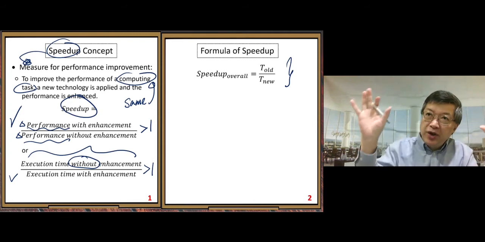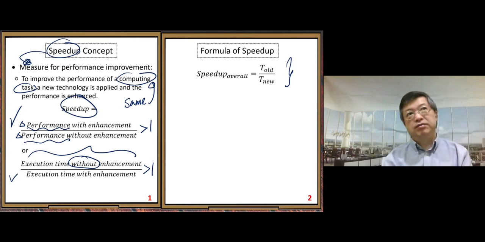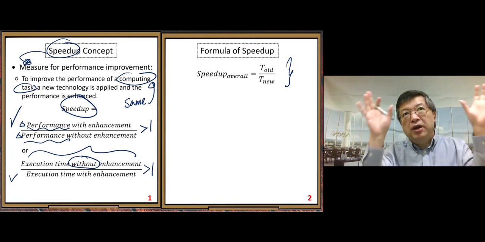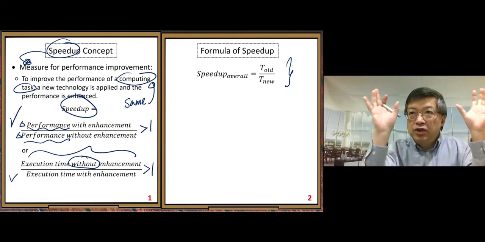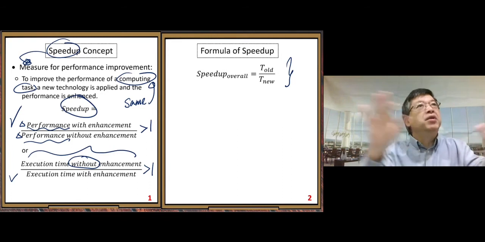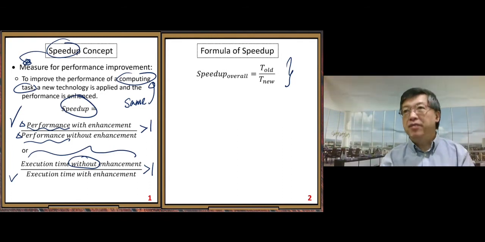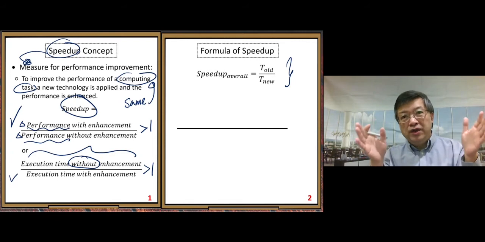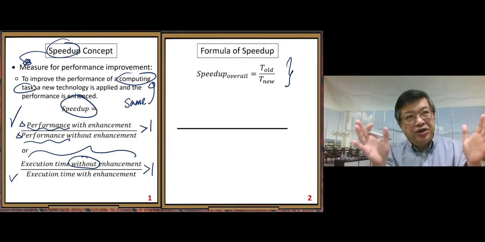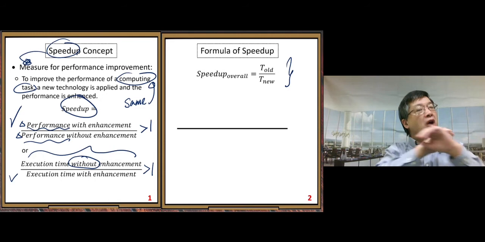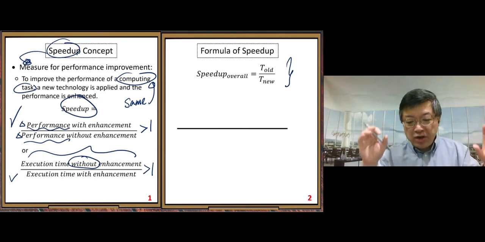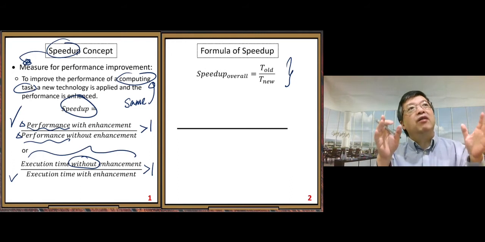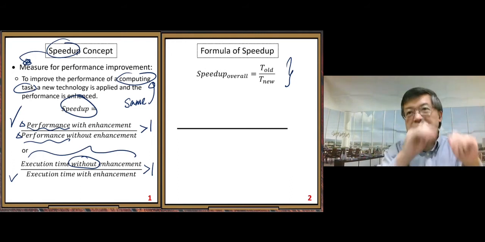Then we need to describe the situation, the details, on what is the typical situation in a computing task. So we describe that part. All right. Here I draw this line segment to represent the whole computing task. More specifically, the execution time of a computing task.